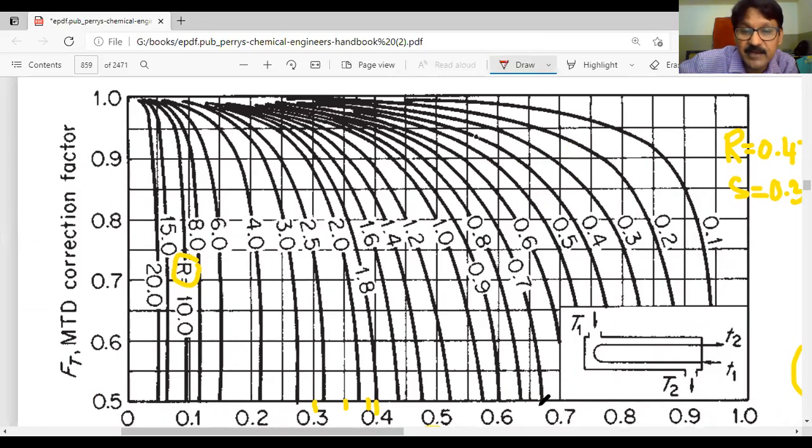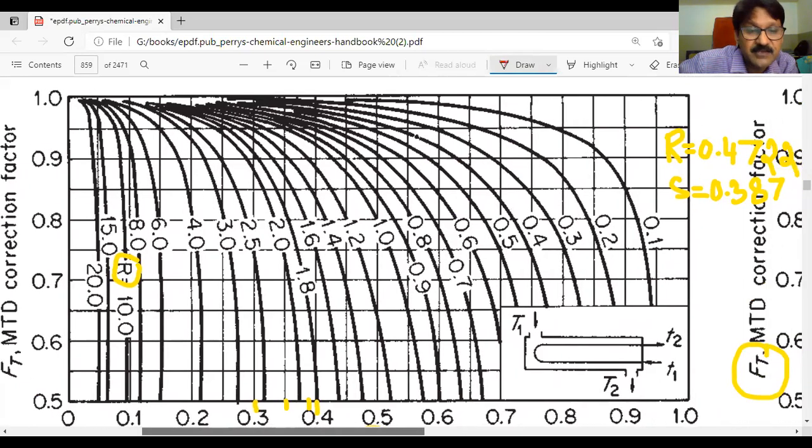See here, you want 0.38, 0.387, which is almost 0.39. 0.39 will be somewhere here. You add one more line to it. That line is not there, so I'll add one more line along with it. It's a very thin line. It will come somewhere like this. You understood that?